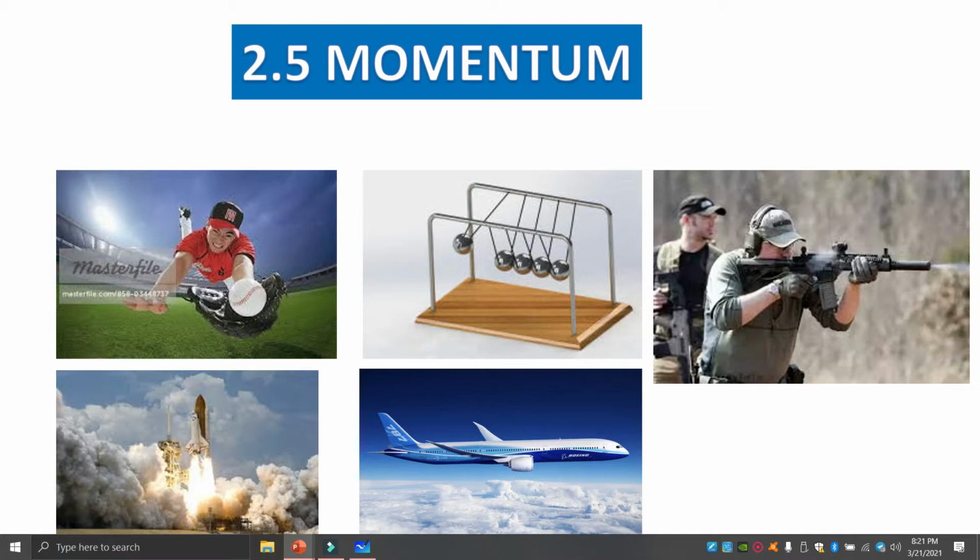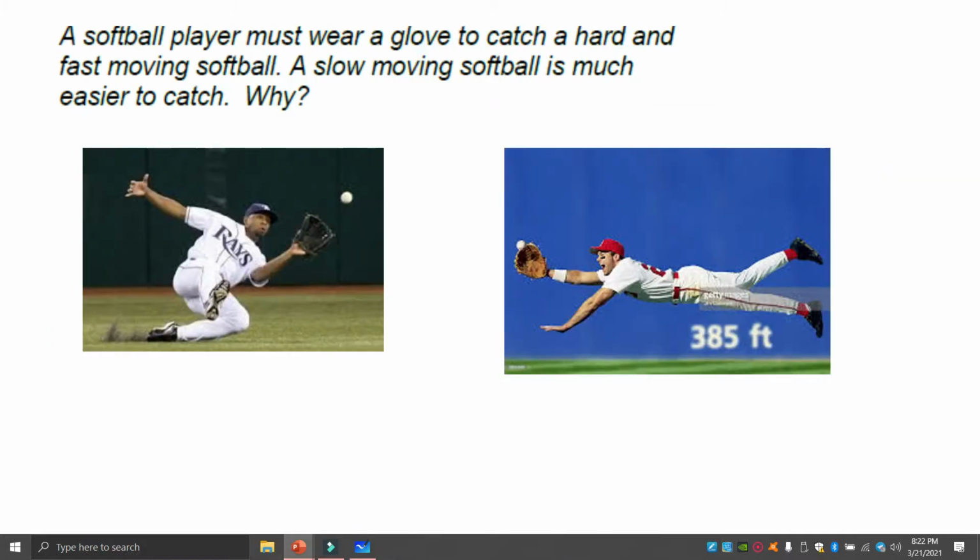Basically, we can say that every object that is moving has momentum. So this is the example. A softball player must wear a glove to catch a hard and fast moving softball.